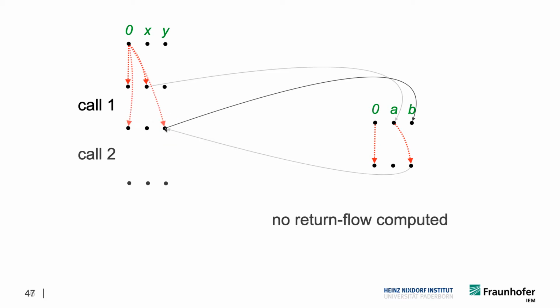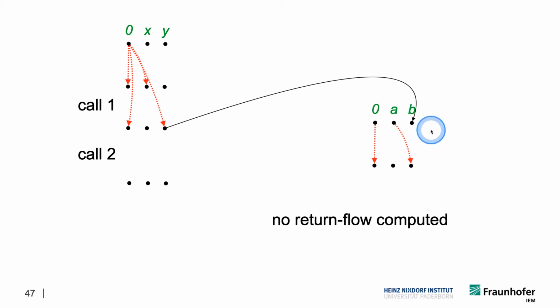Then we call the same procedure again, right? So now the situation has changed. Previously, X was reachable. This time, Y is reachable. And now we assume that Y is assigned to B, so this is now a tainted parameter.